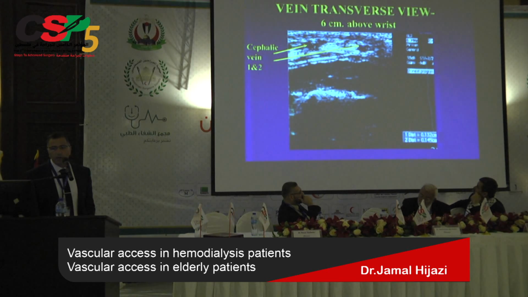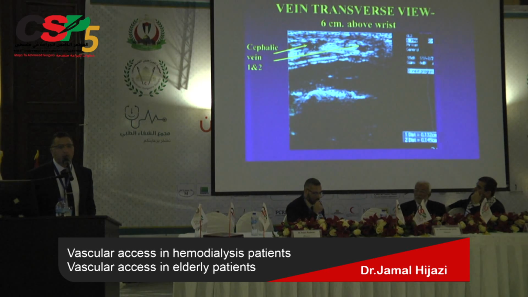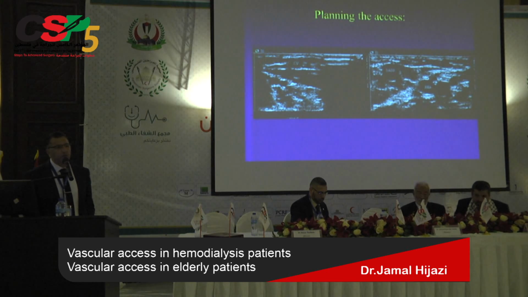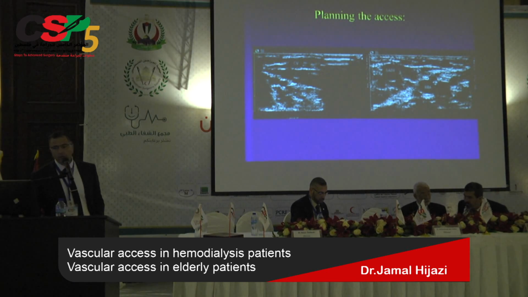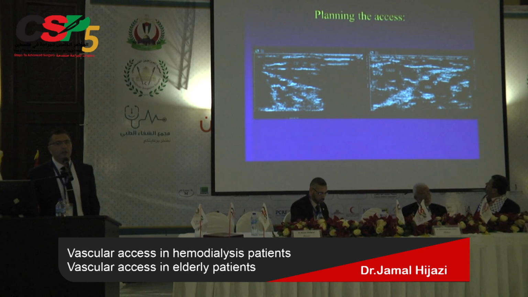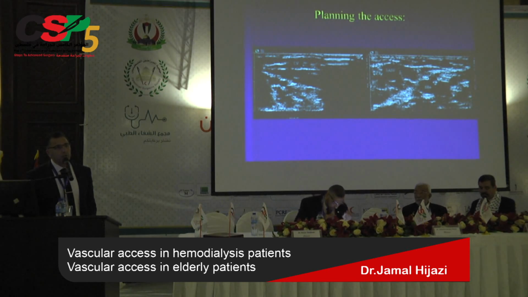We have to see if the cephalic vein is sufficient for a cephalic fistula. Also, we have to map all the veins superficially in the arm and forearm, and see the basilic vein, if we don't have a good cephalic vein, to transpose the basilic vein to the arm or also in the forearm.